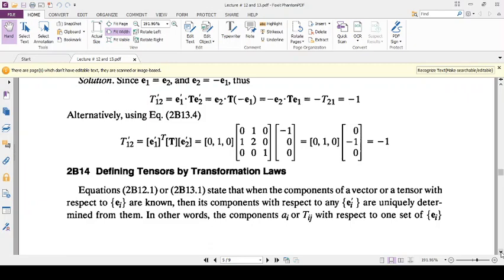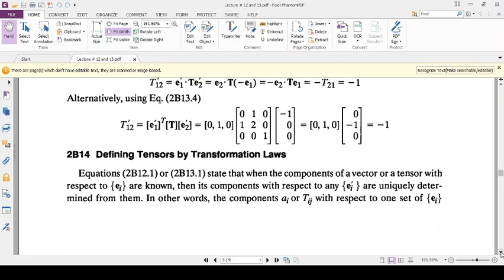Now we are in the position to define tensors with the help of transformation laws. We have defined our tensor with the help of linear transformation.